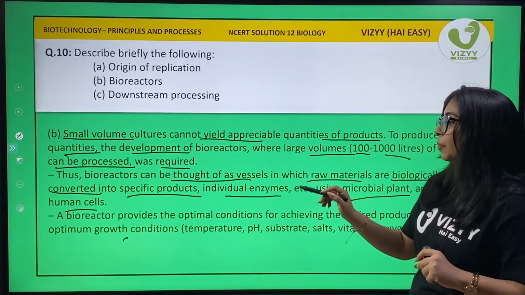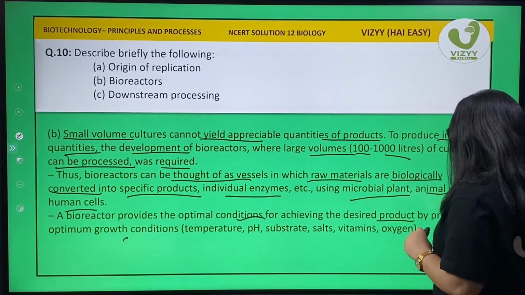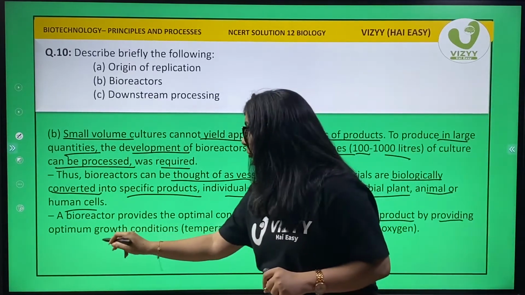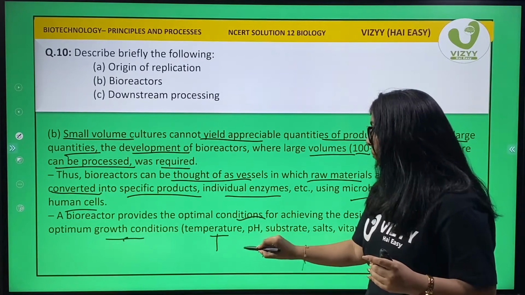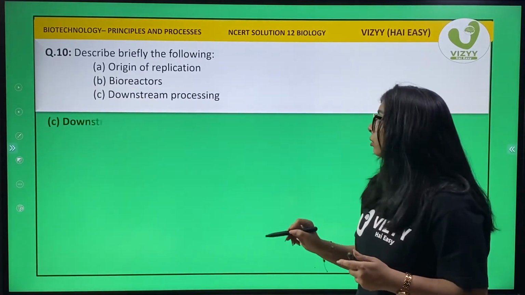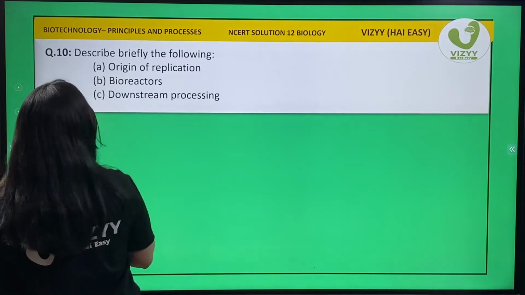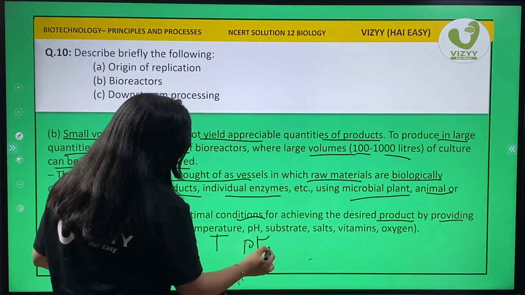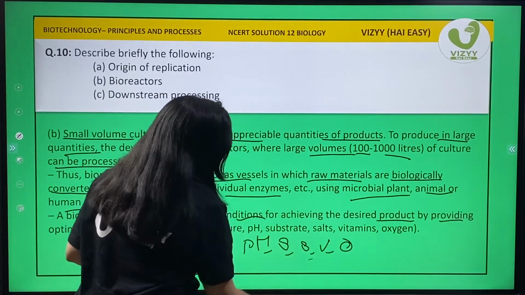A bioreactor provides optimal conditions for achieving the desired products by providing optimum growth conditions, for example temperature, pH, substrate, salt, vitamins and oxygen.